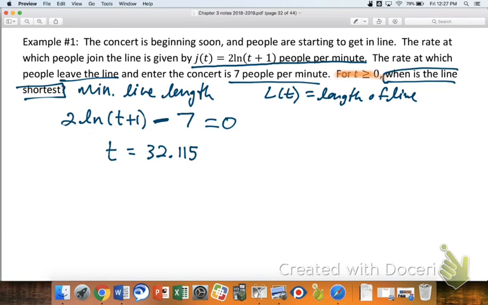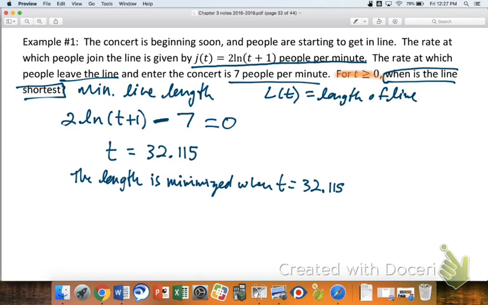So I can now, based on what I've got on my calculator, the data there, say that the length of the line is minimized when t equals 32.115 because, I guess I've already shown that 32.115 is a critical number, so I can say because 2 ln of t plus 1 minus 7 changes from negative to positive.